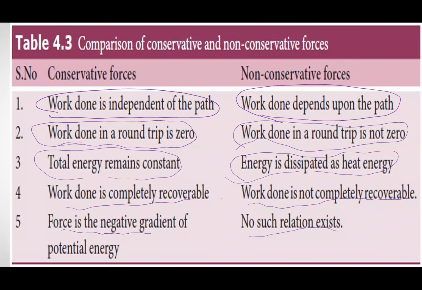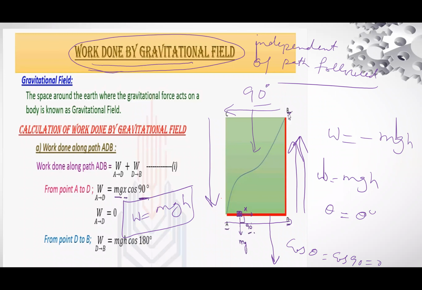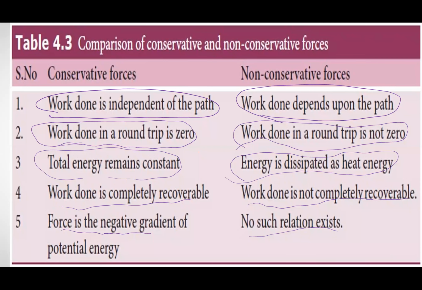This is the difference between these two. Work done is independent of path followed for a conservative force. Work done depends upon the path for a non-conservative force. Work done in a round trip is zero for conservative, and not zero for non-conservative.